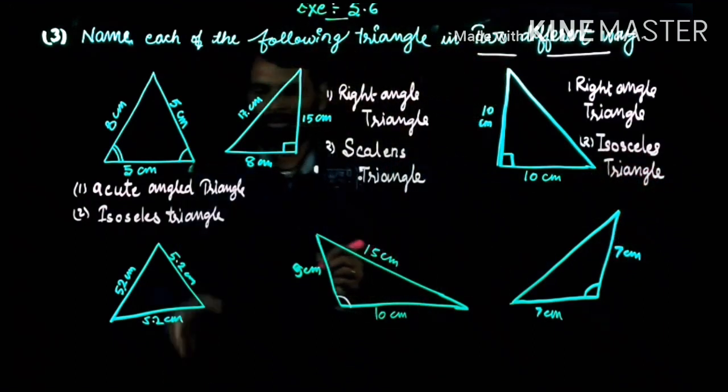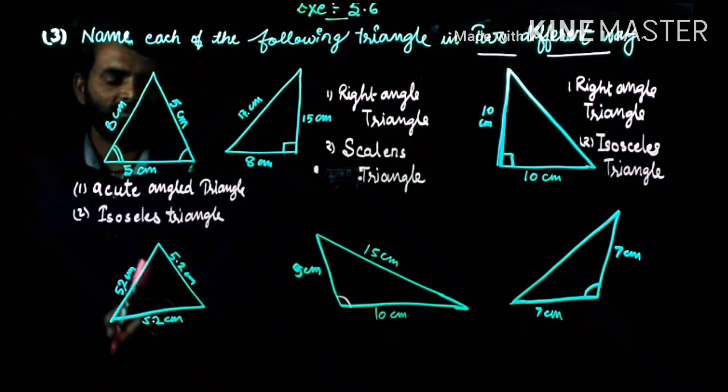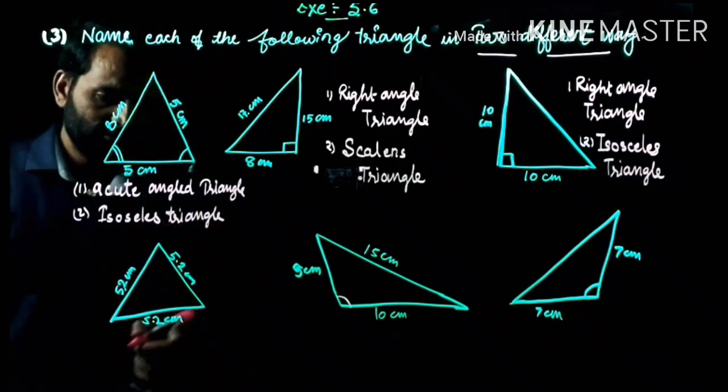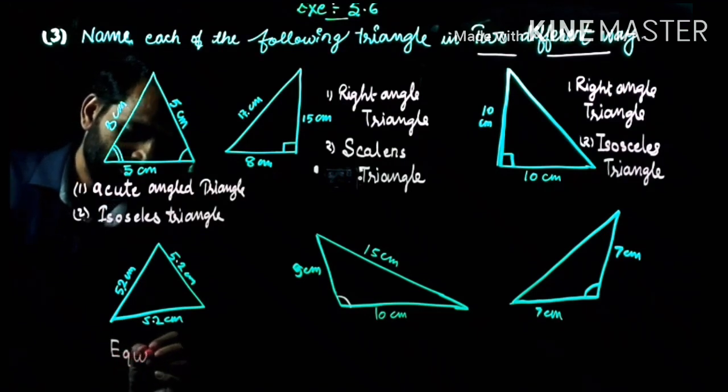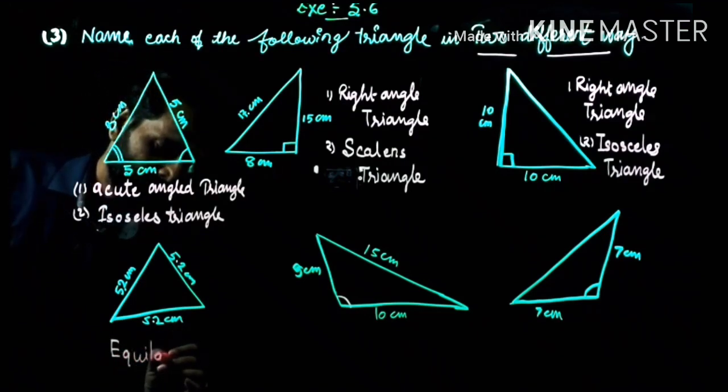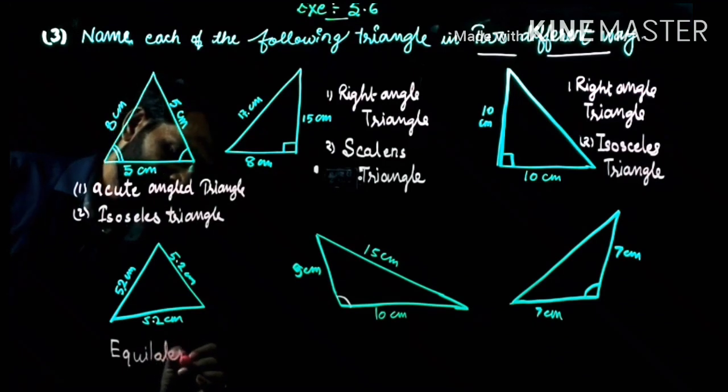Okay, here the question: all sides are equal. All sides equal means this is an equilateral triangle.